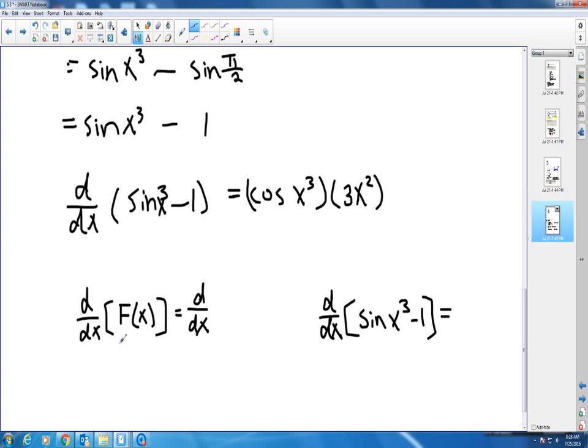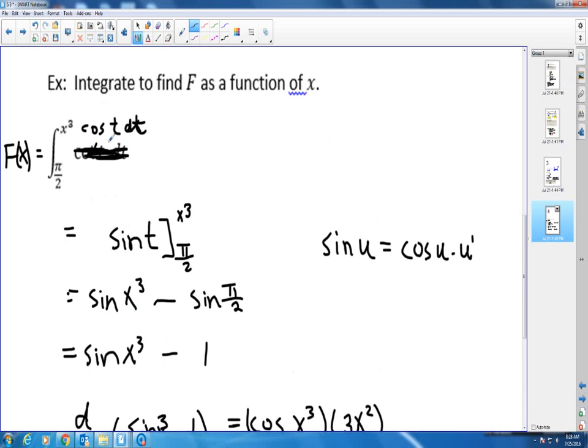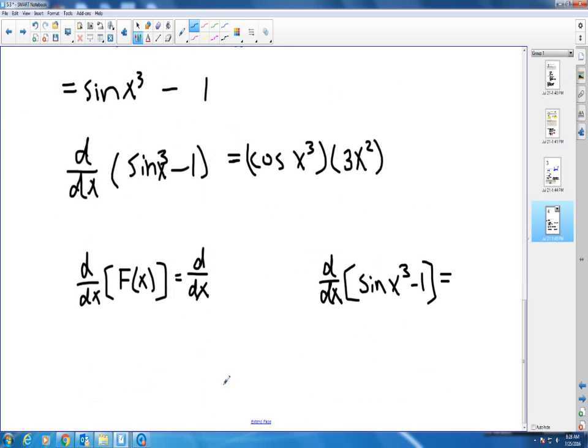I'm going to set the derivative of F of x, where F of x was equal to this thing up here, which is the integral from pi over 2 to x to the third power of cosine t dt, and that turned out to equal sine of x to the third minus 1, which ends up to be cosine x to the third times 3x squared.